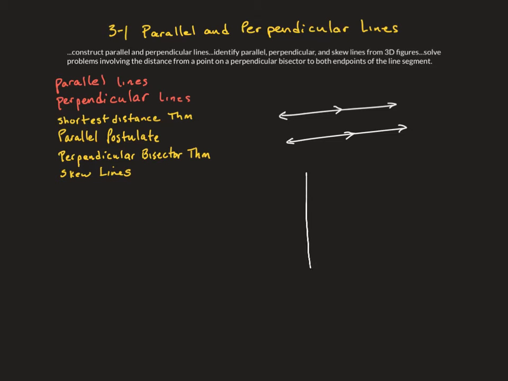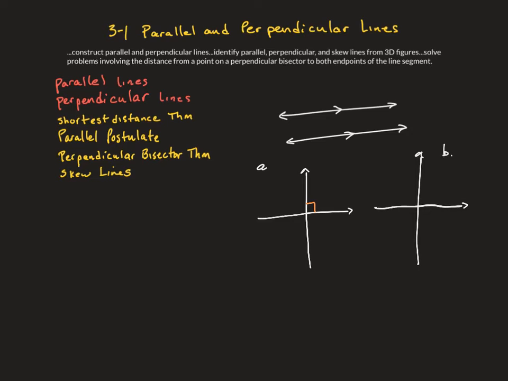And our perpendicular lines are going to intersect at a 90-degree angle, and that of course would be indicated by that little square. And these are coplanar lines that intersect at that right or 90-degree angle. And please, you don't want to make the distinction between this.